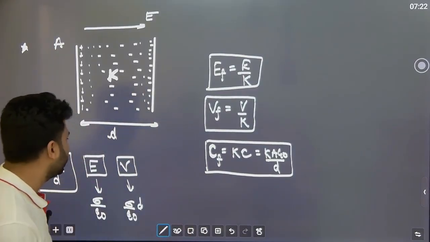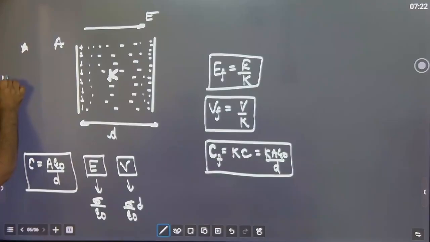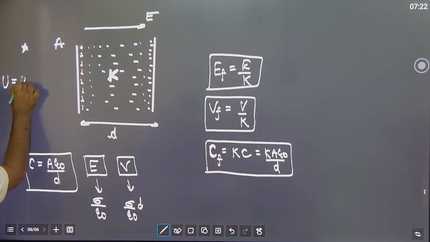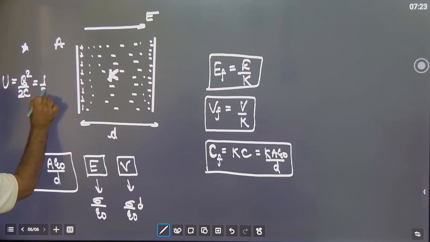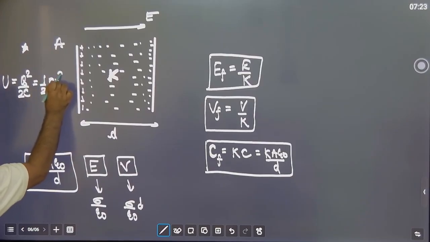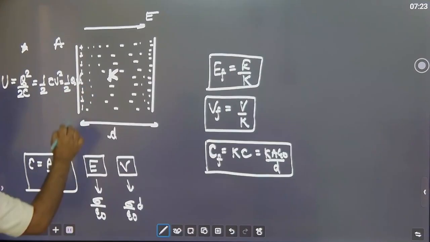One thing I missed: the energy of a parallel plate capacitor. The formula is Q square by 2C, or we have three formulas: half CV square, or half QV.